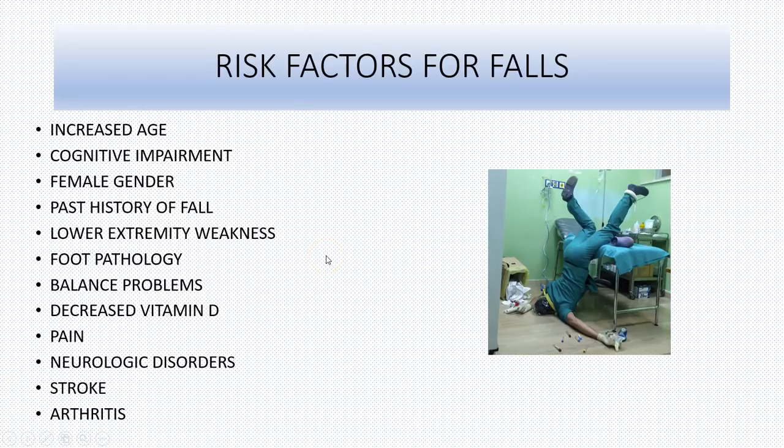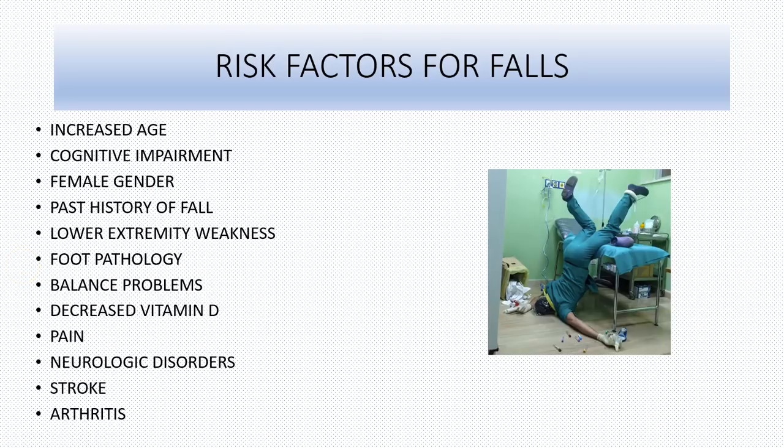Looking at risk factors for falls in general. As we've already noted, increased age is associated with increased risk of falling. We may look at our patients for evidence of cognitive impairment. Again, we know that women have a higher incidence of falls. Past history of falls may be important.